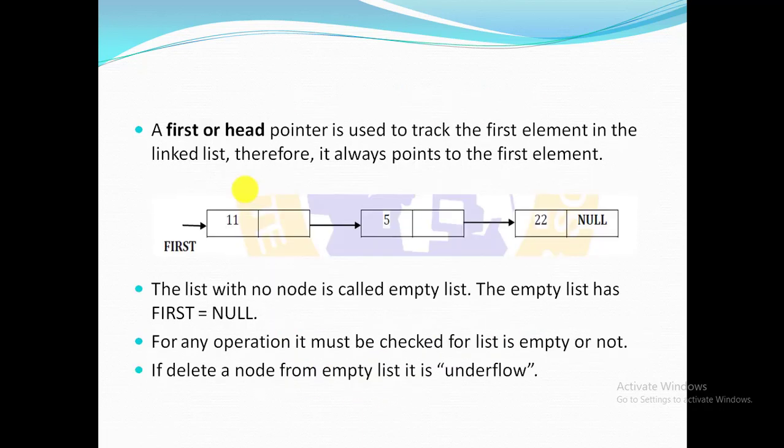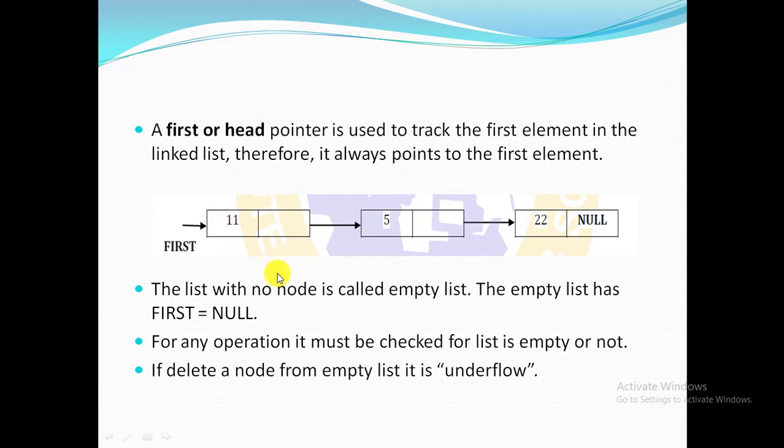Next we will see that in every linked list, the first node is pointed to by a pointer called the first or head pointer. The list with no nodes is called an empty list. That means a list that does not contain any node is called an empty list.